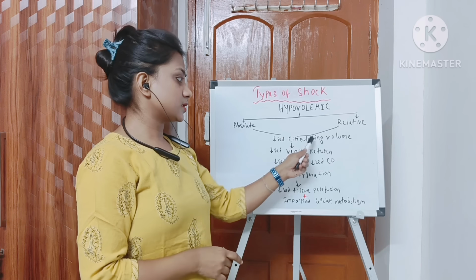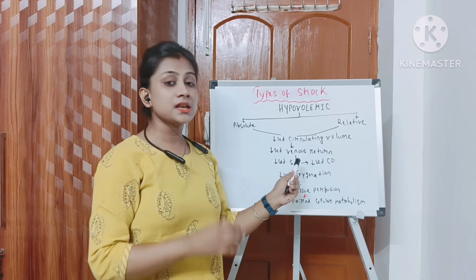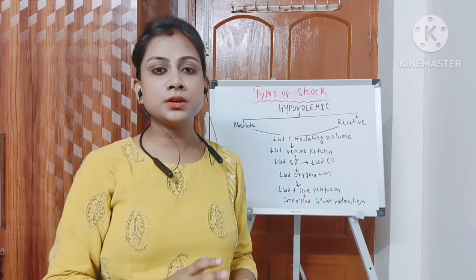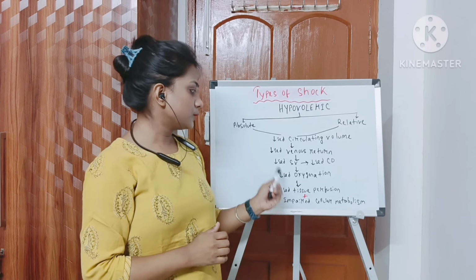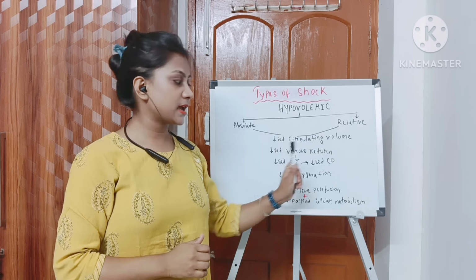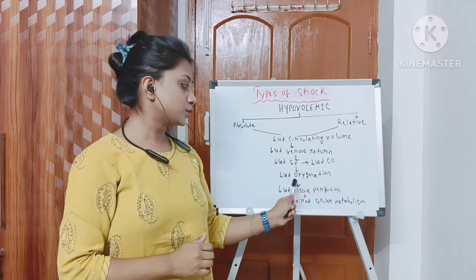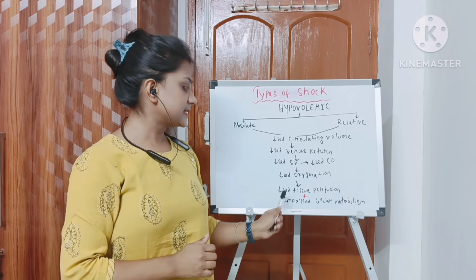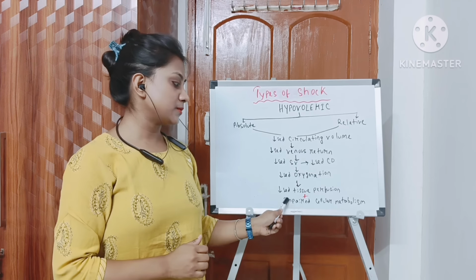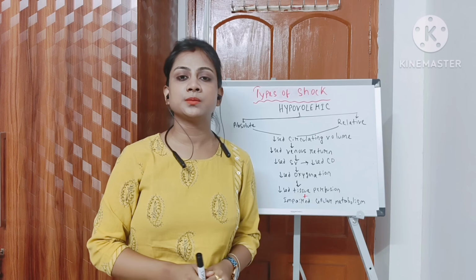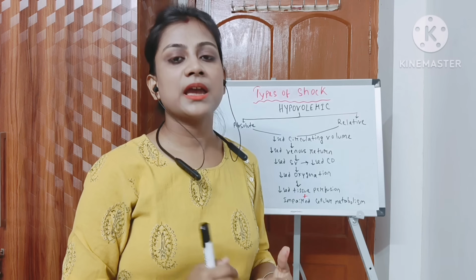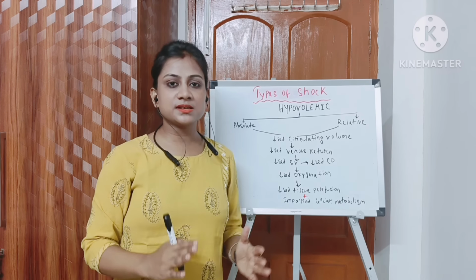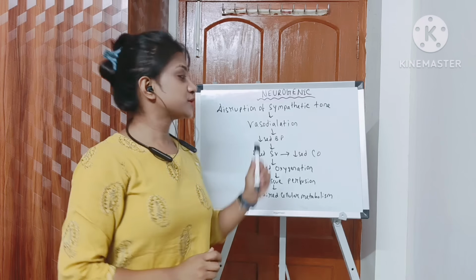So whenever circulating volume is decreased, the amount of blood returning to the heart decreases, so the stroke volume will be less and cardiac output will be less. Due to that, oxygenation will be decreased, tissue perfusion will be decreased, and cellular metabolism impaired. Eventually the patient will develop shock and it may cause death. This is the hypovolemic type of shock.